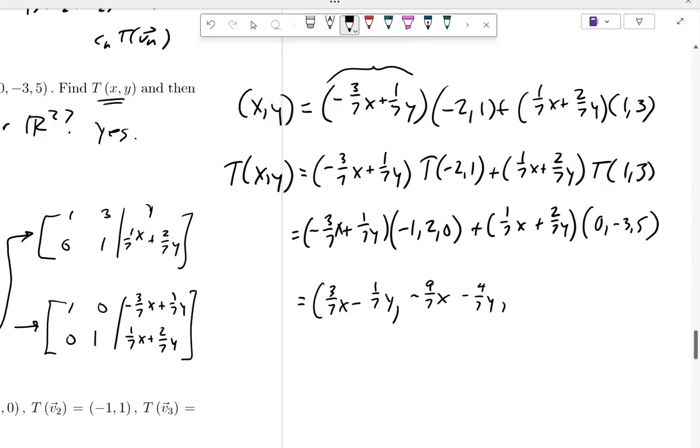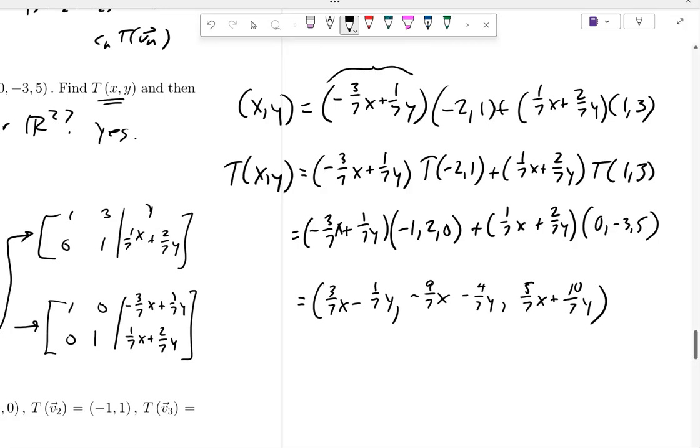This one's going to give me a 0 in the third component, so I just need to worry about the third component here. We'll get a 5/7 x plus a 10/7 y. I'm just distributing and adding, right? I did it all at once.